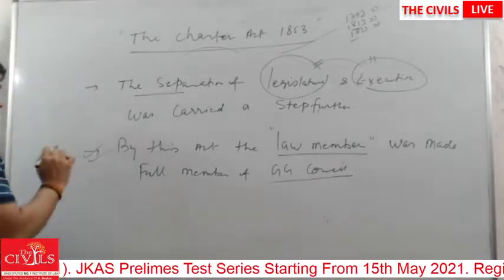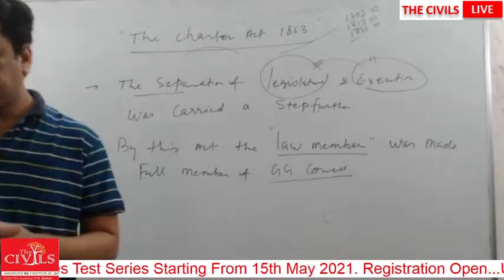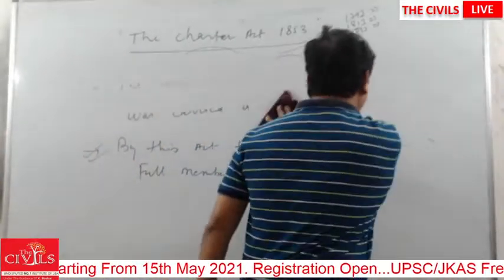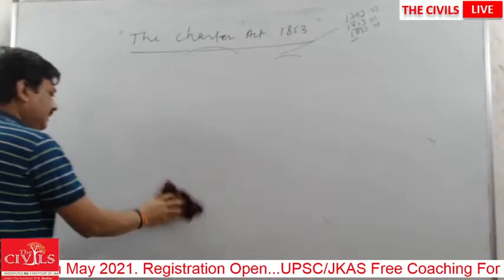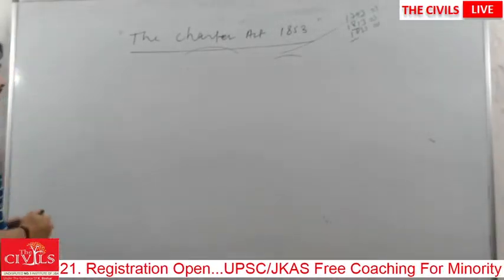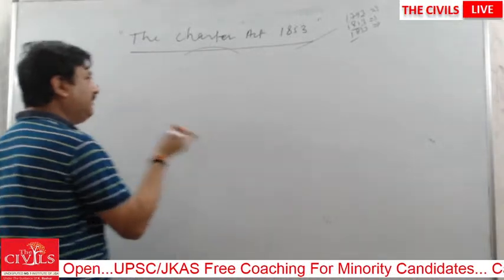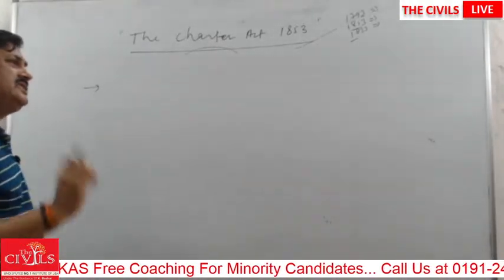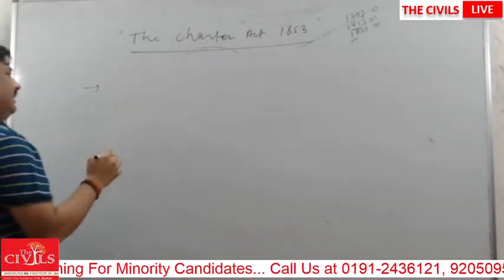Now, the fourth important point of this Charter Act was the Central Legislative Council, or the All India Legislative Council.